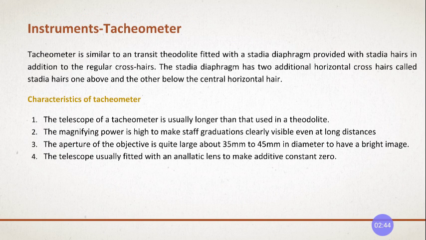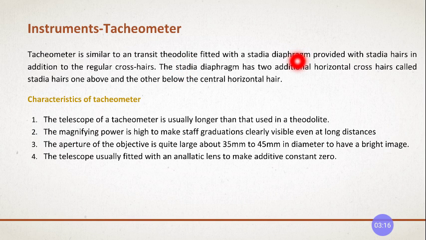The instrument used for tachyometry is the tachyometer. A tachyometer is similar to the transit theodolite, fitted with a stadia diaphragm, provided with stadia hairs in addition to the regular crosshairs. So it itself says that the tachyometer is similar to the transit theodolite, but the one thing that is different is the stadia diaphragm, right?